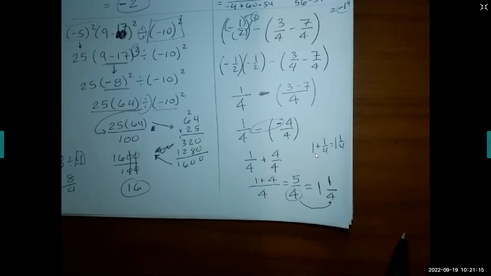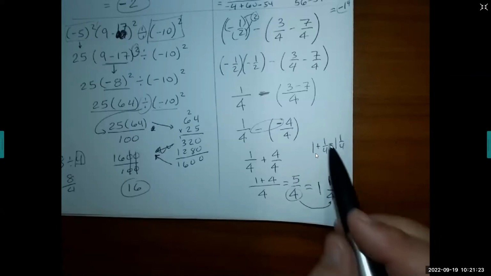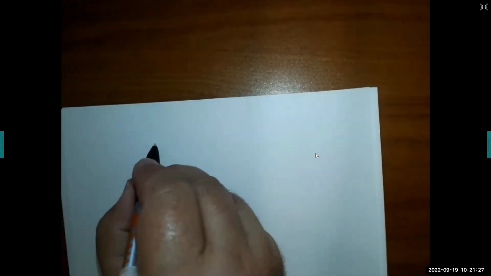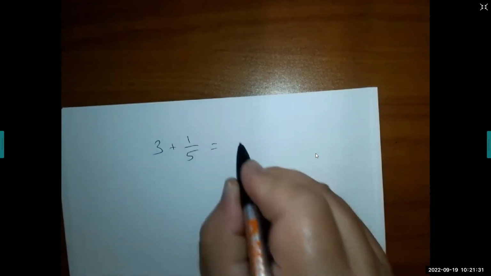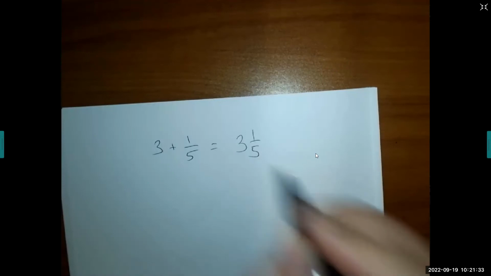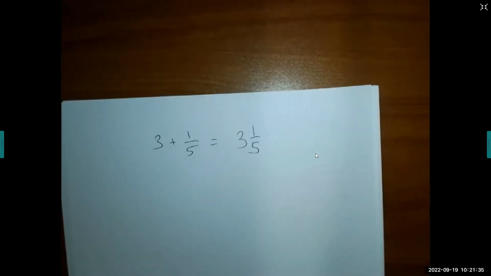I got 1, but then I realized that I can't plus these on it. What I'm saying is, if you have a number, say 3, and you add a fraction to it, that's what it equals. It's just a shortcut.